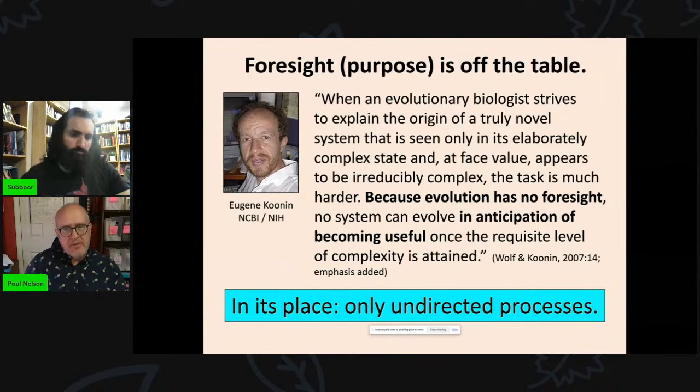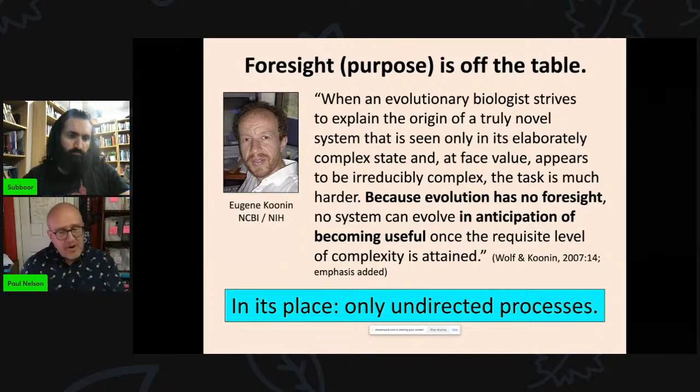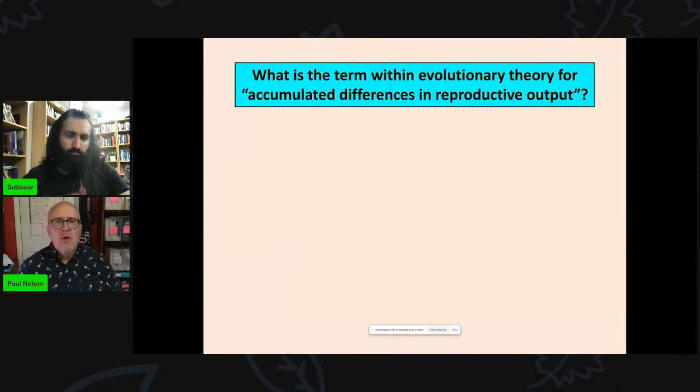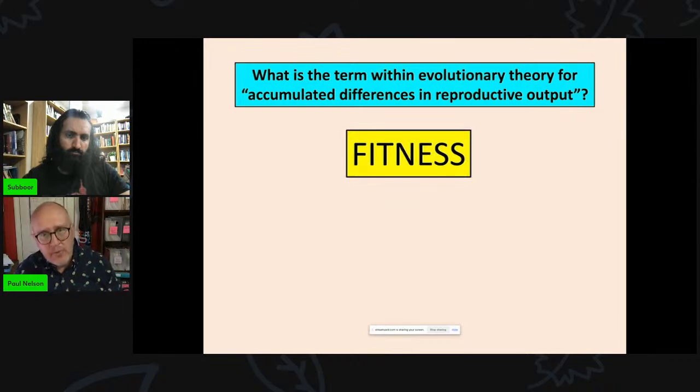And Koonin, in this article with Yuri Wolf in 2007, says, look, evolution has no foresight, almost by definition, one could say. So what you observe cannot be explained by any process with purpose. What do you have to work with as a consequence? Fitness.